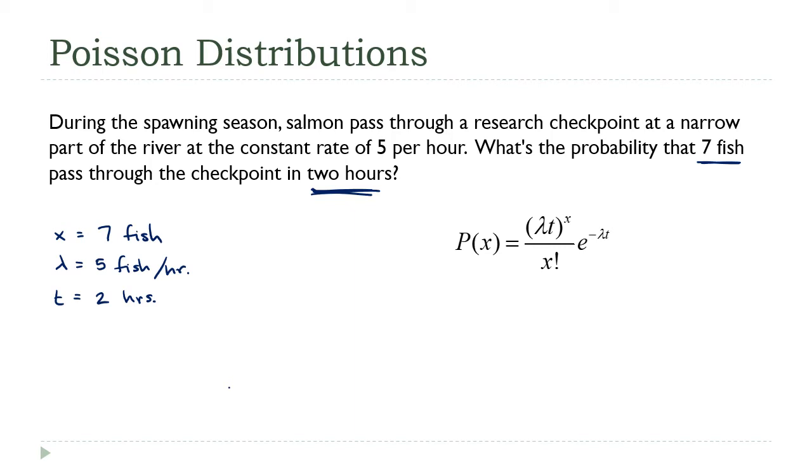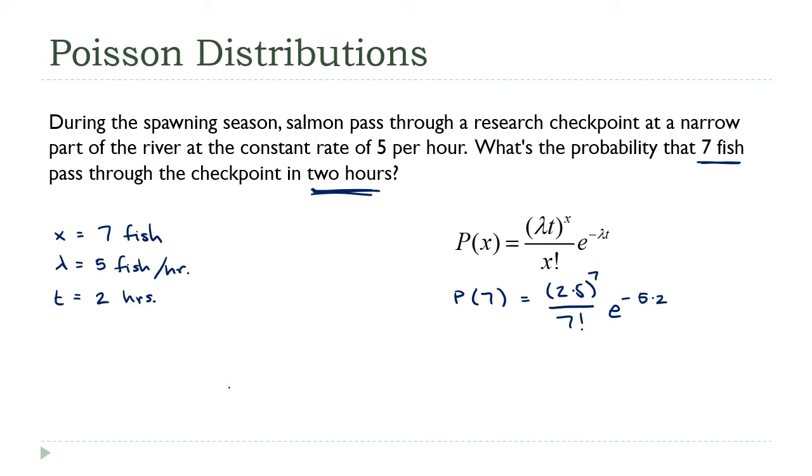I'm looking for P of 7, that's our x value, equals lambda t, that's 2 times 5, to the x power, that's 7, divided by 7 factorial, e to the negative 5 times 2. And now it's a calculator exercise.